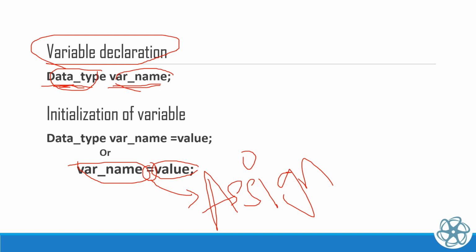The second method of writing a variable is, we can declare the variable and with that only we can assign some value to it. We will get to VS Code and execute everything I am telling you here. So let's move to the next slide.